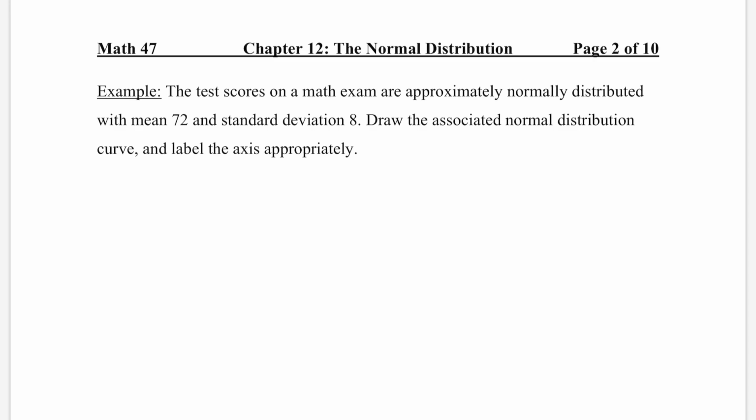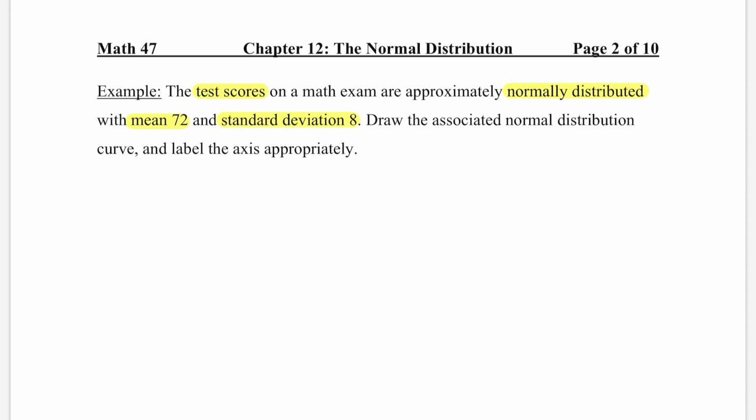Example: the test scores on a math exam are approximately normally distributed with mean 72 and standard deviation 8. Draw the associated normal distribution curve and label the axis. My data values are test scores on a math exam, approximately normally distributed with mean 72 and standard deviation of 8.